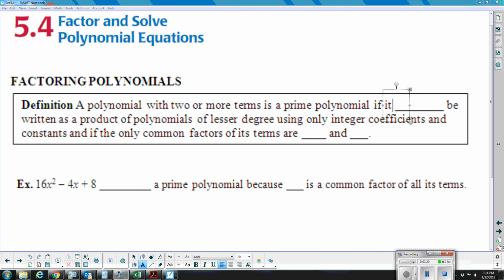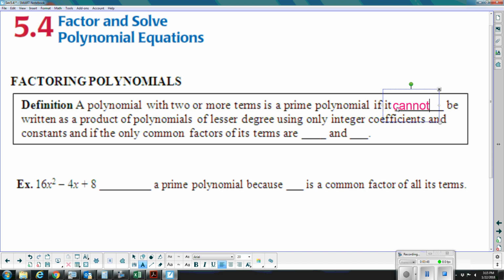Now looking at this definition of a prime polynomial, a polynomial with two or more terms is a prime polynomial if it cannot be written as a product of polynomials of lesser degree using only integer coefficients.